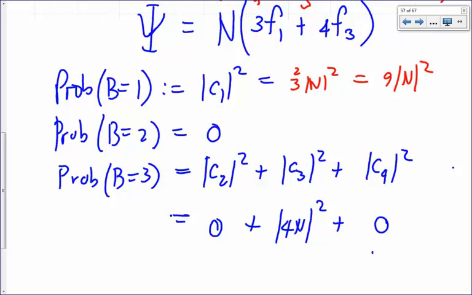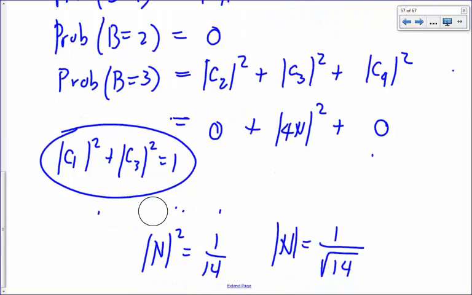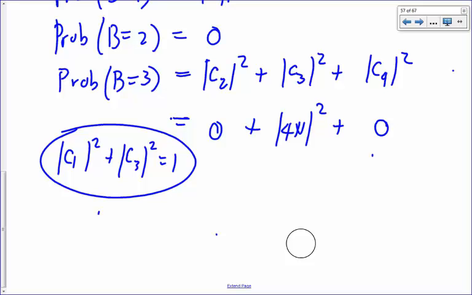Okay, how do we determine n squared? So C1 squared plus C3 squared is equal to 1, right? Because those are the only ones that contribute to your psi. So C1 is how much?